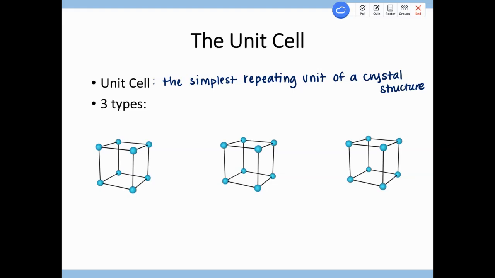There are 3 types. All 3 of them look the same right now. We're going to keep the first one as it is and then add atoms to the second and third. So let's talk about the first one on the left. And this we will call the simple cubic, sometimes referred to as primitive unit cell.